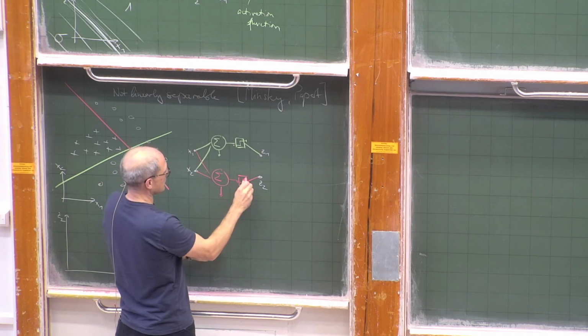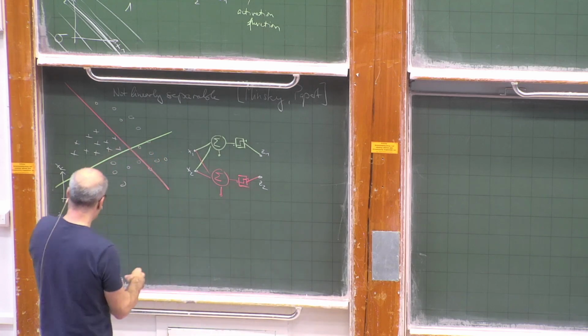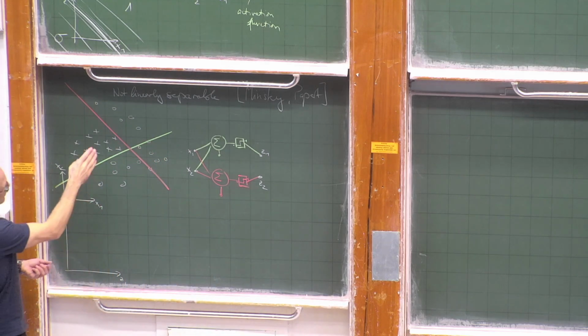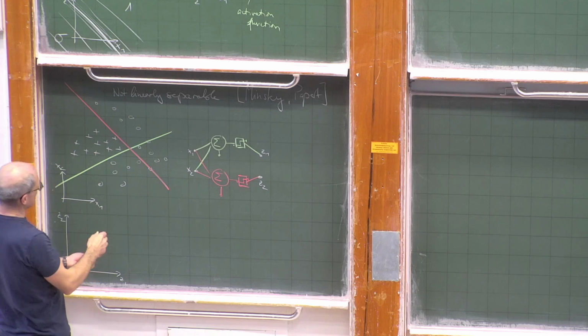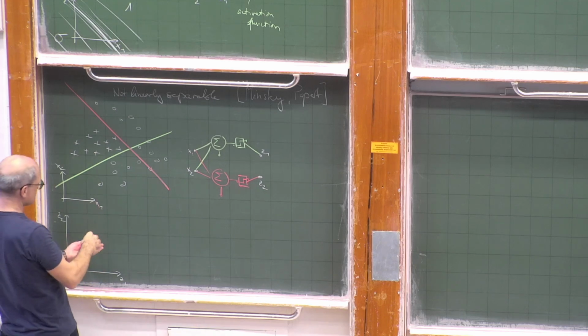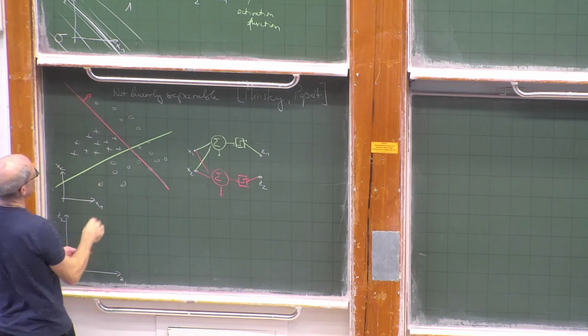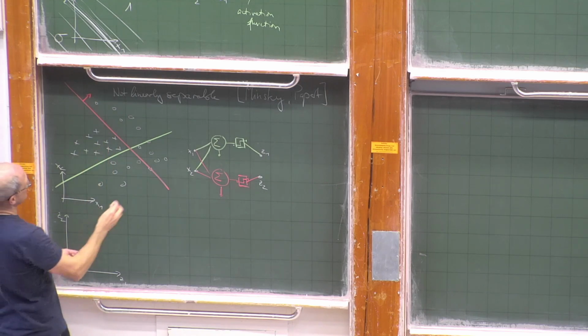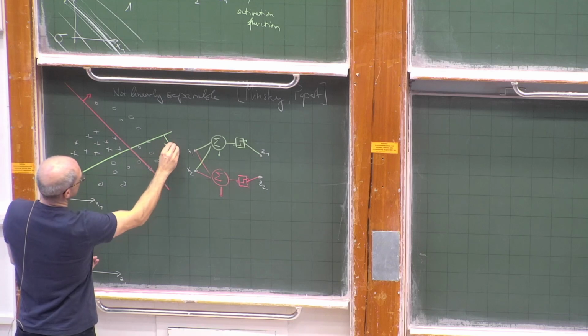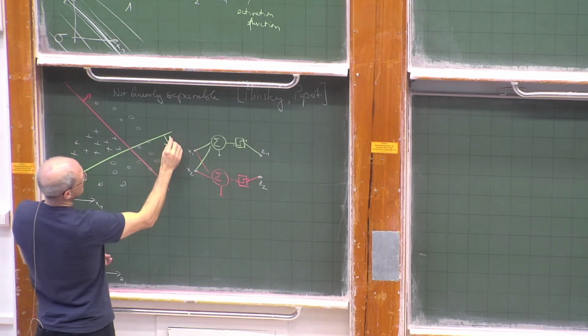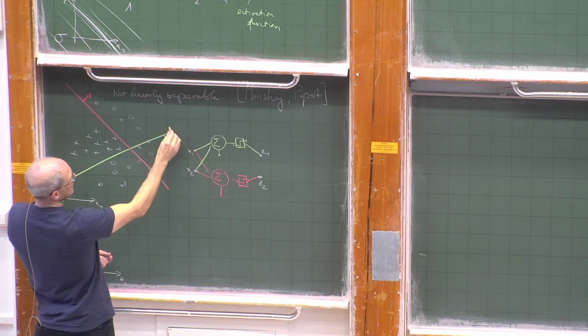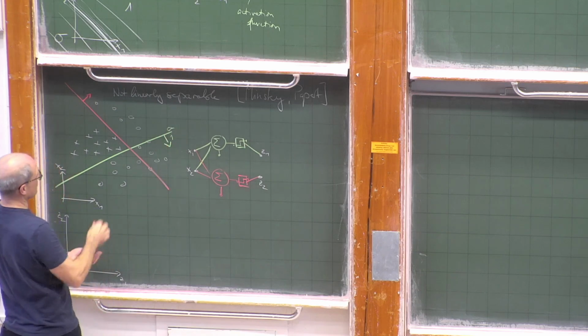Here we have 0 and there we have 1. And now we need to decide in which direction they point. I'm going to let them point in these directions, meaning on this side I have an output of 1 and on that side I have an output of 0.